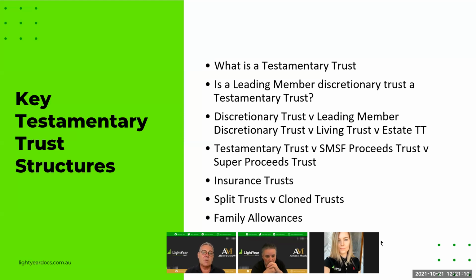The living trust is probably, I use that term, and I'm still not sure whether I'm going to keep that term, but the one that we're building at the moment is a leading member discretionary trust for multi-generations. If you look at it from a perspective, particularly having a look at the Commissioner's cases, or Commissioner's Guideline 2012/21 TD, commercial nominees, and Clark's case, it's quite apparent that there's no CGT event where the underlying trust continues on.